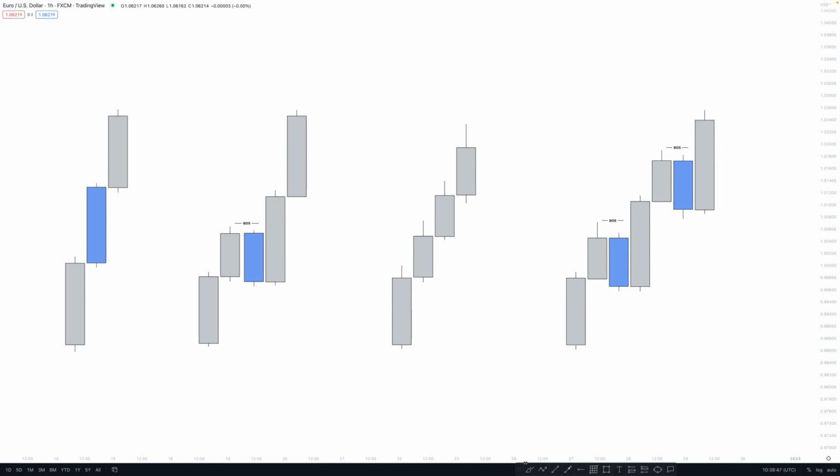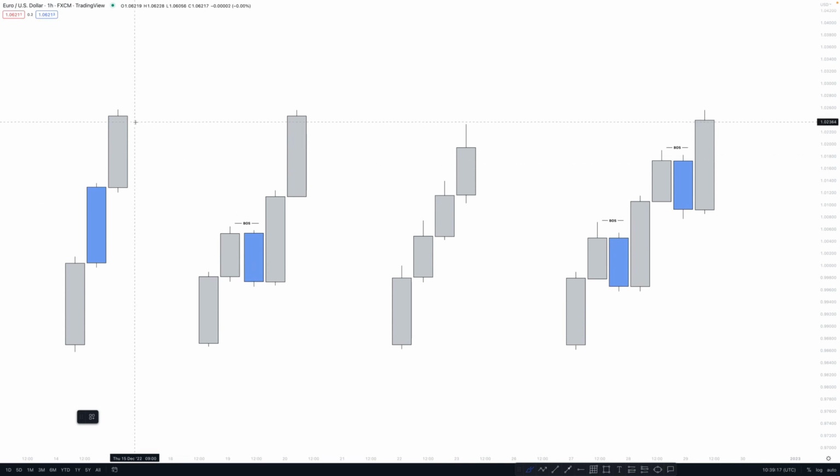Starting from the left, as you can see, we have a clear uptrend here. This is the bit of price action that a lot of traders don't quite understand. People see the uptrend, momentum to the upside, and they think that because this candle is bearish, it is a retrace candle.